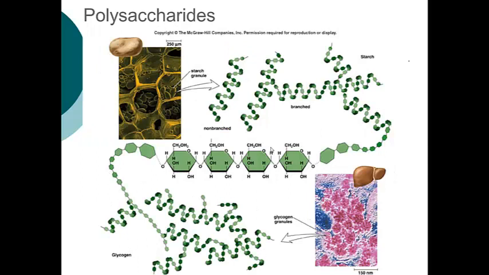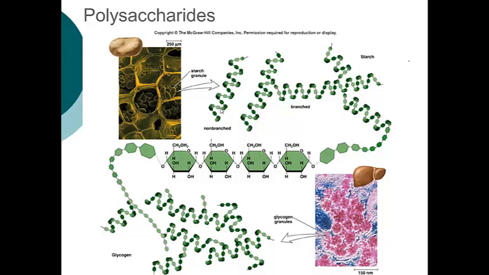If we were to look at another kind of plant cell, in this case a potato, we would see the cell wall as we saw before, but we could also see these granules of starch that are made up of two different kinds of polysaccharide fibers.